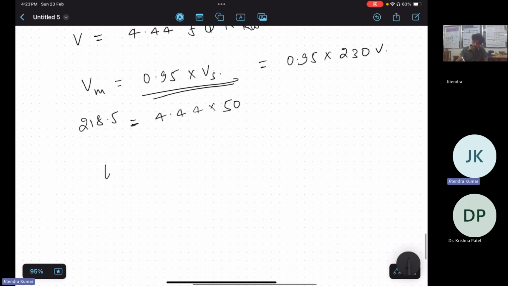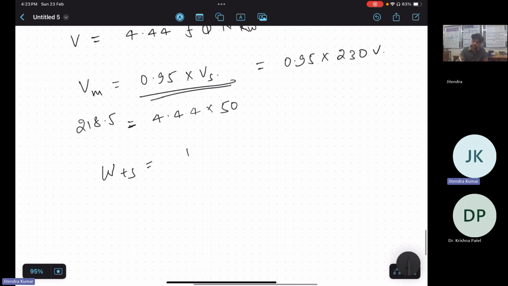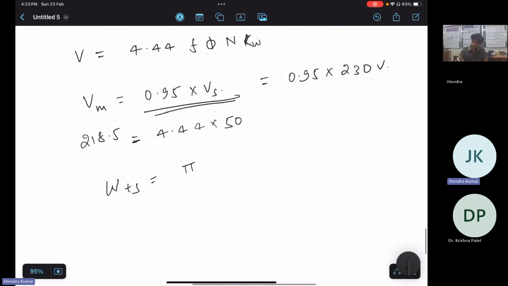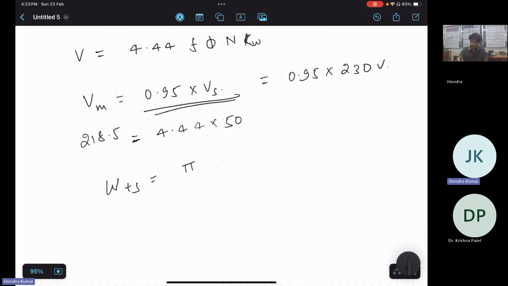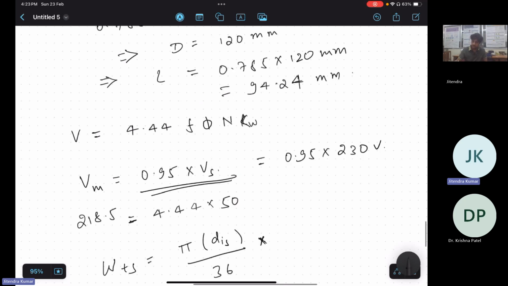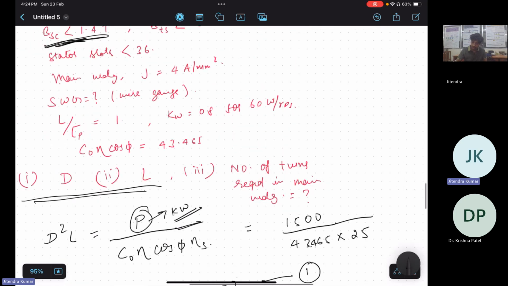So WTS, the stator tooth width, is nothing but pi into Dis divided by the number of slots or number of teeth, into which other factor will come in the picture?